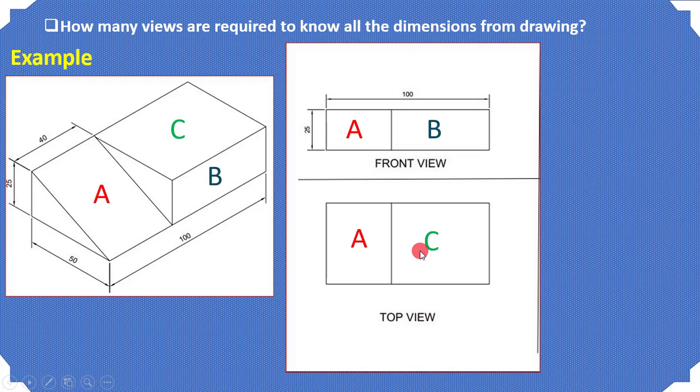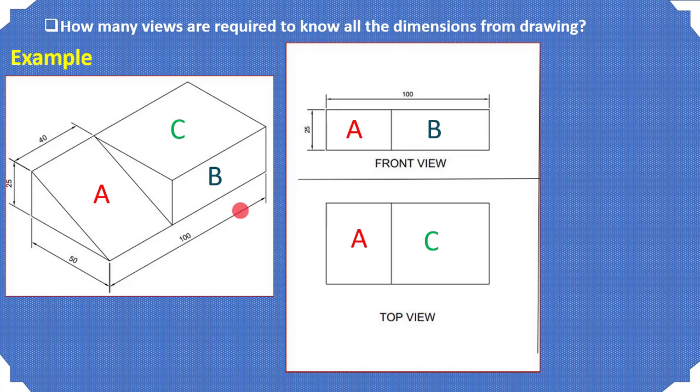So what do you think? Just by knowing these two views, can we manufacture the component like this, which is shown in 3D? Pause the video and think about it.